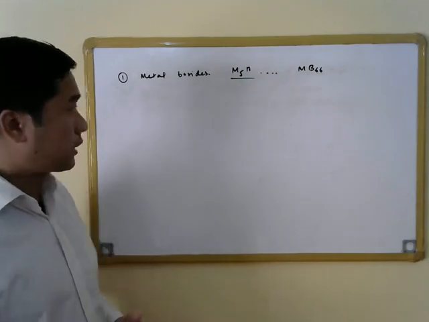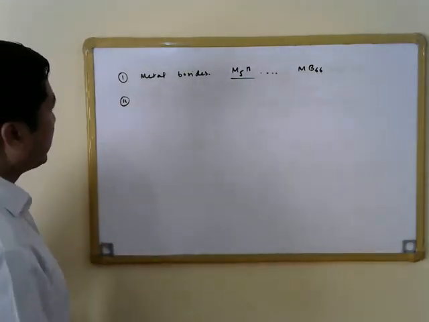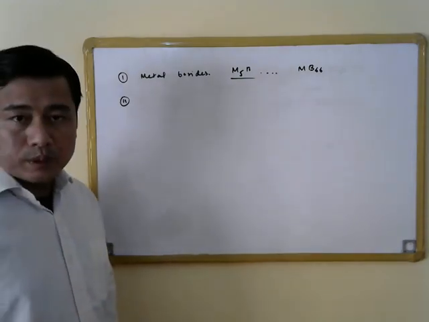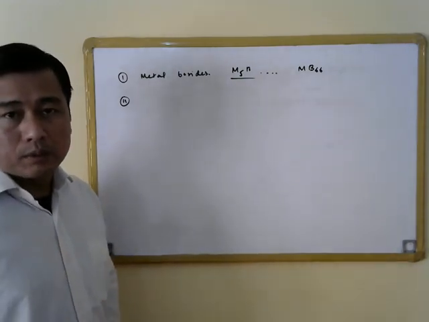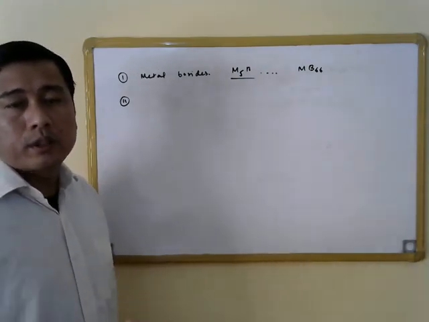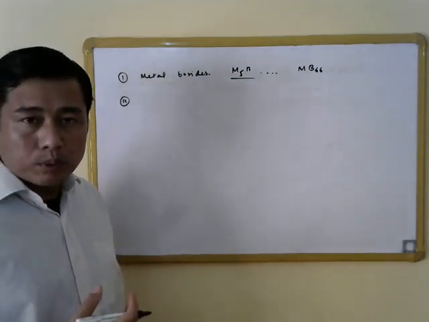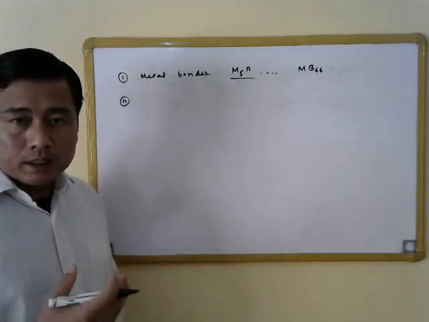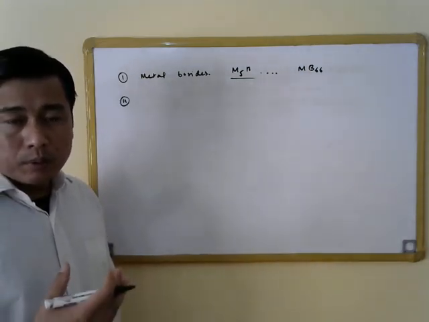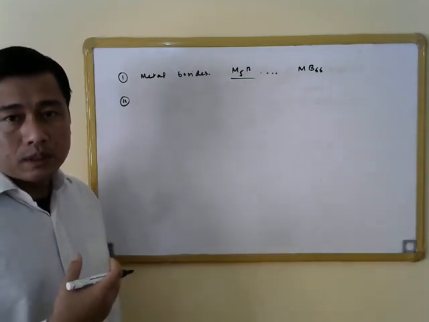The second class of compounds formed by boron is with hydrogen as well as with carbon. We know compounds of carbon with hydrogen are known as hydrocarbons. So boron also forms similar compounds with hydrogen, and these compounds are synonymous to hydrocarbons.